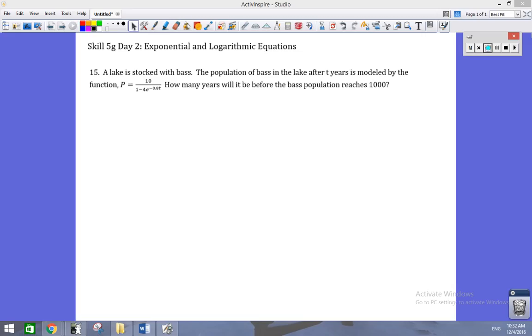It probably would have been smarter to give it in function notation, the population as a function of time, since the population of this fish in the lake changes over time. And we can input the number of years after its initial measurement. Now, we're just taking it on faith that this is an accurate model.